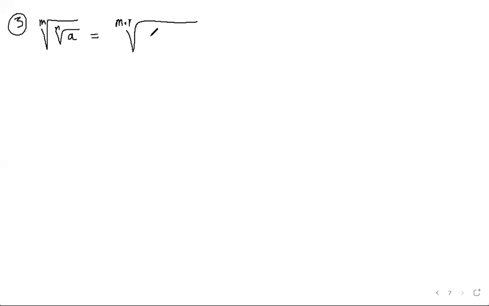M times N root of A. So I have root over root. I can multiply the indices of each root. So this means the M times N root of A. Example: third root of the second root of 4.